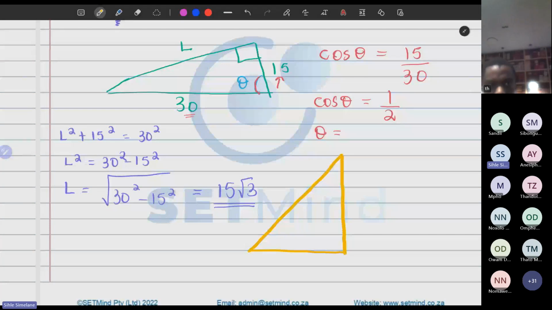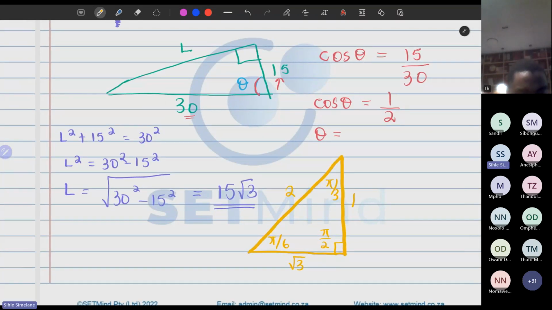And then if you remember, we have pi over 2 here, pi over 6, pi over 3, we have 1, 2, square root 3. So if you look at what is going on here, it is only cos of pi over 3, which will give you a half. So our answer is pi over 3.